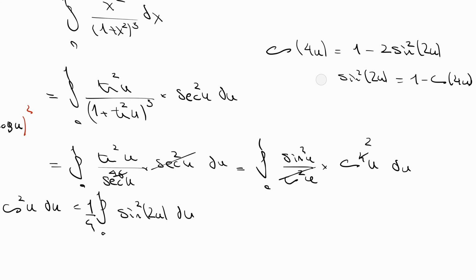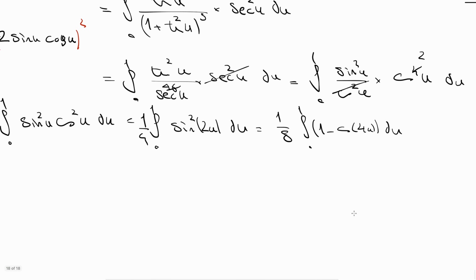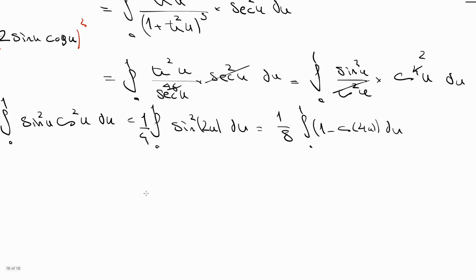If we take the 2 to the right, it's going to be 1 minus cosine of 4u divided by 2. So really this is 1 over 8 the integral of 1 minus cosine of 4u du. Okay, so that's simplified as much as you need for the integration.